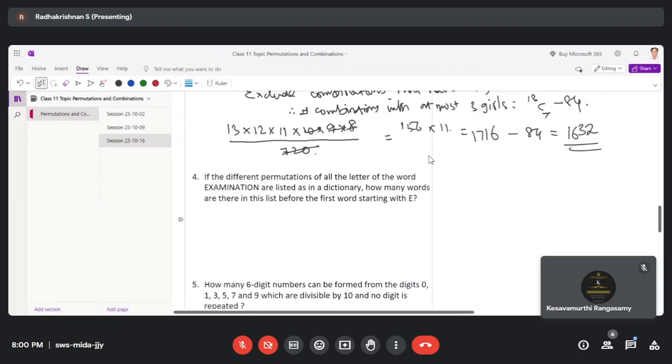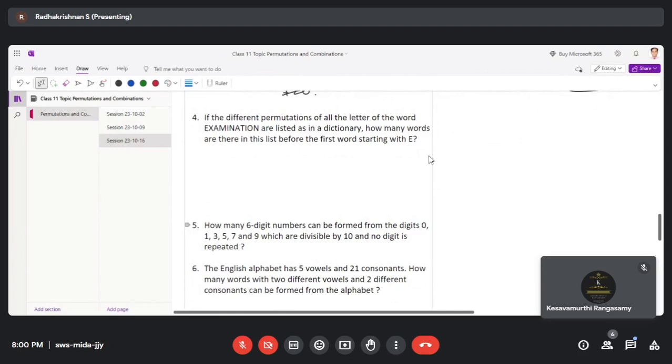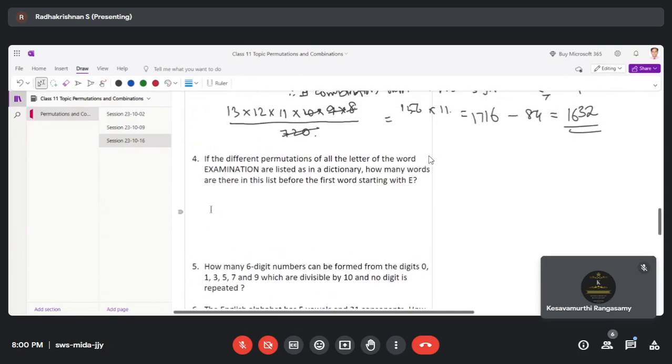So let me just help in this. See how many words are there before the first word starting with E.